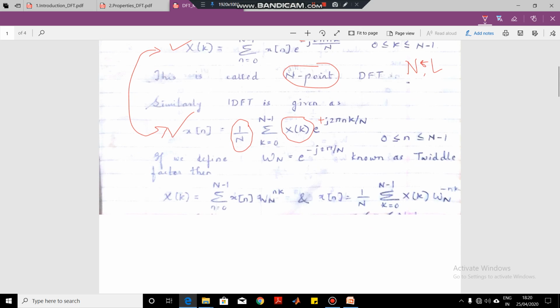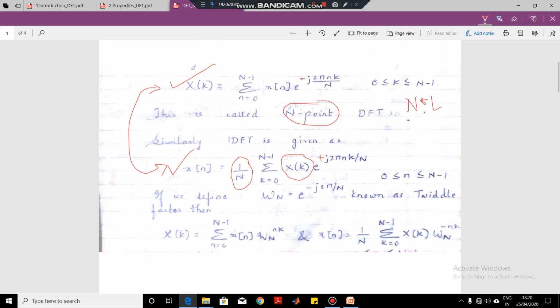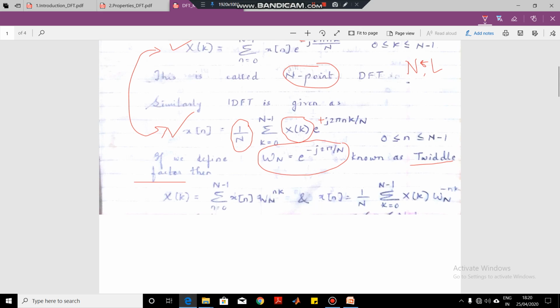Now in this case, this factor e raised to minus j 2 pi by N is called the Twiddle factor. So this is a very important factor which we call the Twiddle factor. So when we use this substitution WN, WN denotes the Twiddle factor.